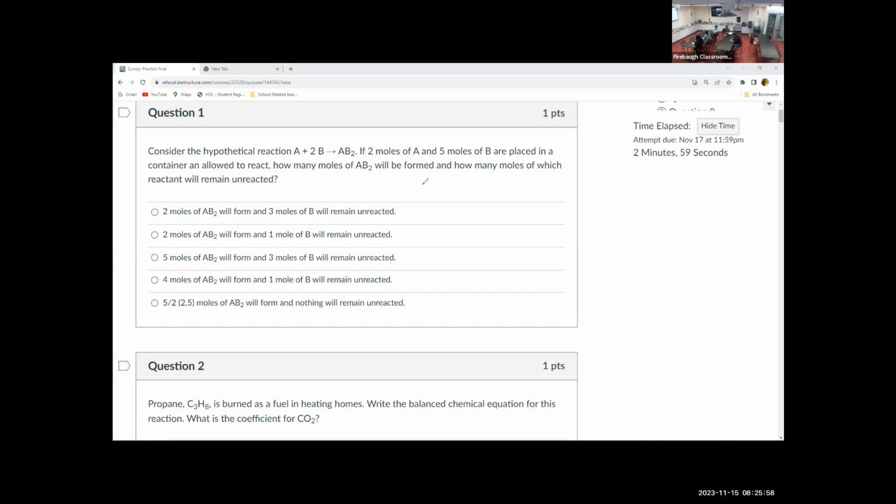Okay, so what do you guys think? What would be a good way of figuring it out? Now I'm going to share something with you. We have 2 reactants, right? What are my 2 reactants?